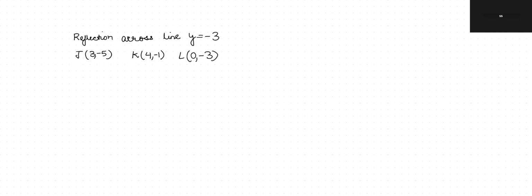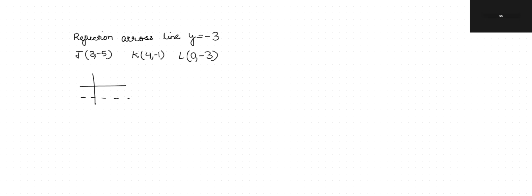So suppose this is the graph, and this is the line y is equal to -3. So reflection across this line, we'll do it algebraically. In this case, when the reflection is across the line y is equal to -3, x remains the same because it is the reflection across a horizontal line.